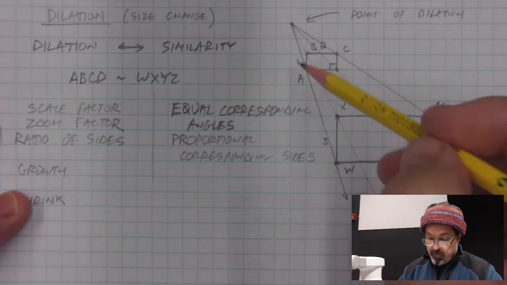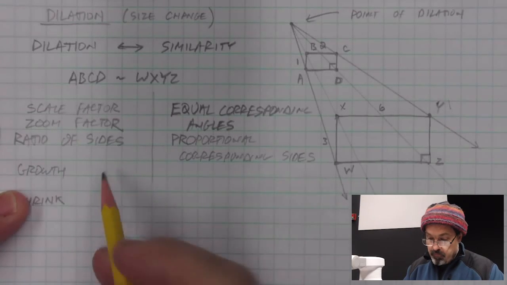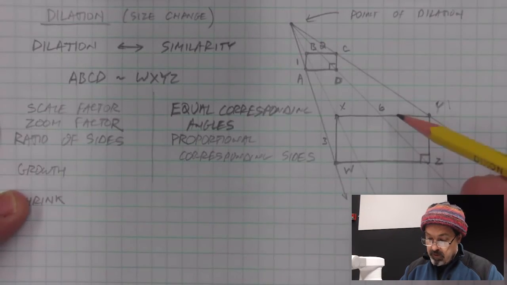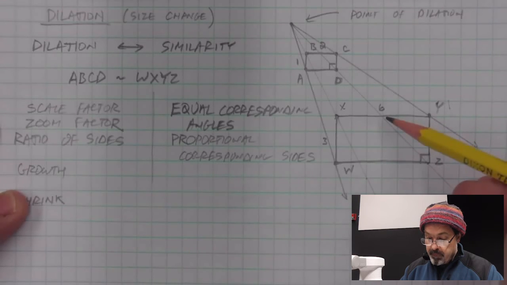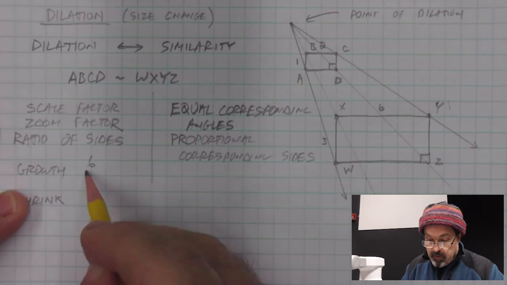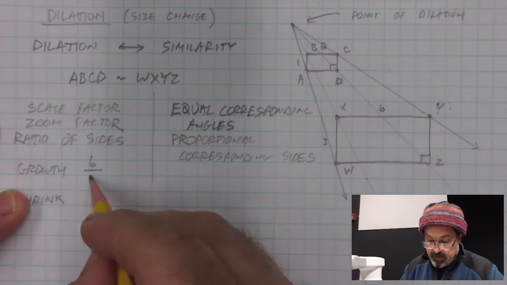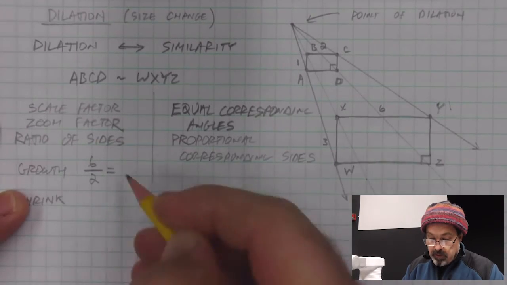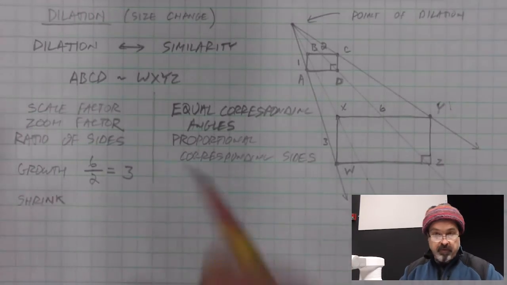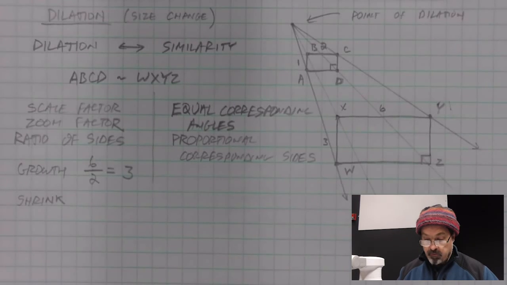The ratio of corresponding sides for this growth would be to compare the two to make a number greater than 1. The side length of 6 compared with the corresponding side length of 2 is a ratio that can be simplified to 3. Small sides got multiplied by 3 to create the size of the larger side.